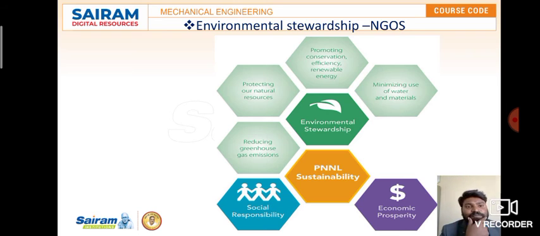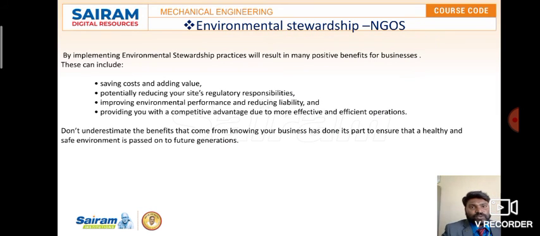to the human beings. And then social responsibility, and PNNL sustainability, Pacific Northwest National Laboratory sustainability, and the economic prosperity. So all these things will focus on this. These are the outcomes that we come across with the help of environmental stewardship. And by practicing this, what are the results that we are going to get?